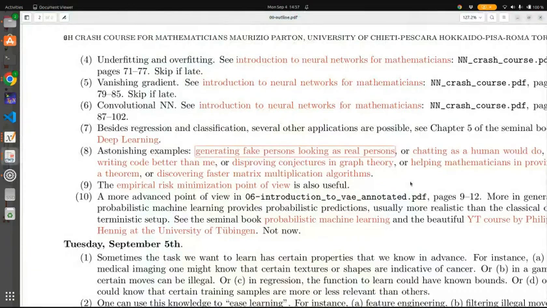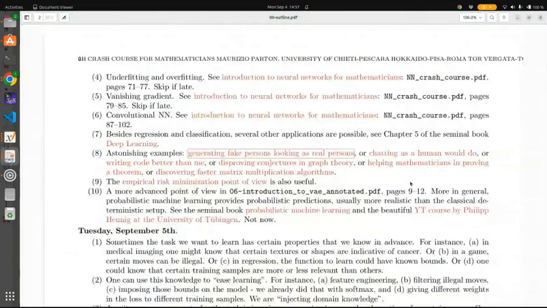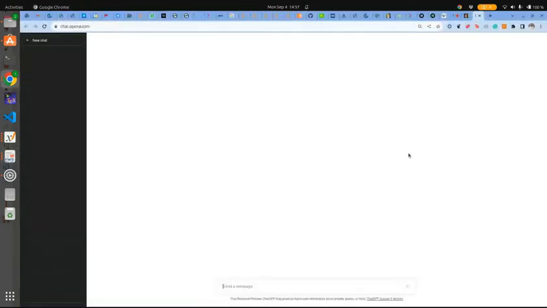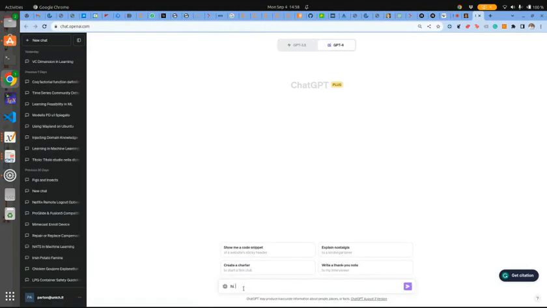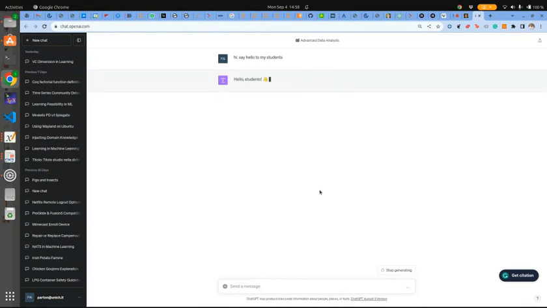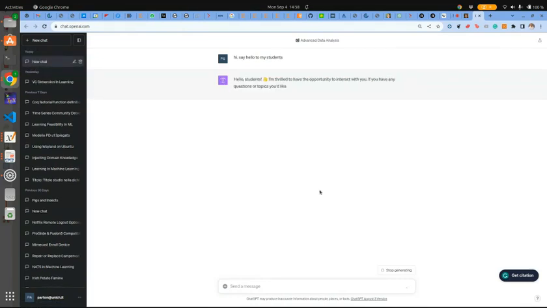And of course, the other application that I guess everybody of you knows is ChatGPT. This is for those who do not know what it is. This is a chatbot, a very famous chatbot, which is impressive.